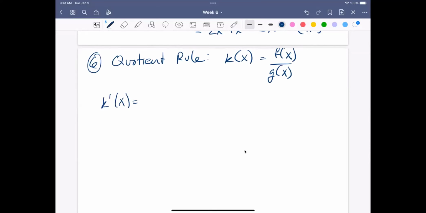We're going to dive straight into the definition. So this is going to be limit as h approaches 0, k of x plus h minus k of x divided by h.